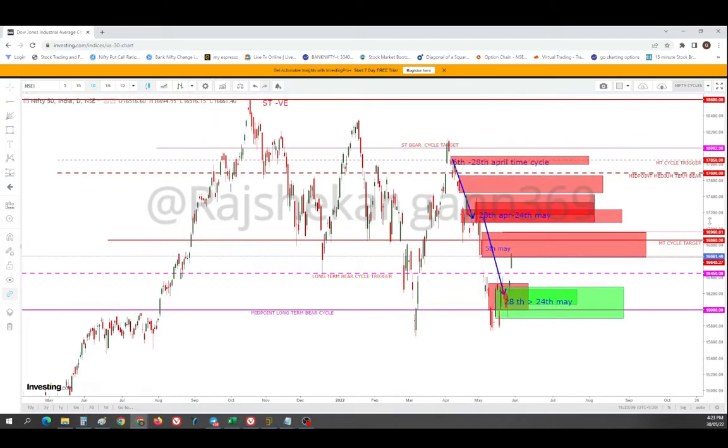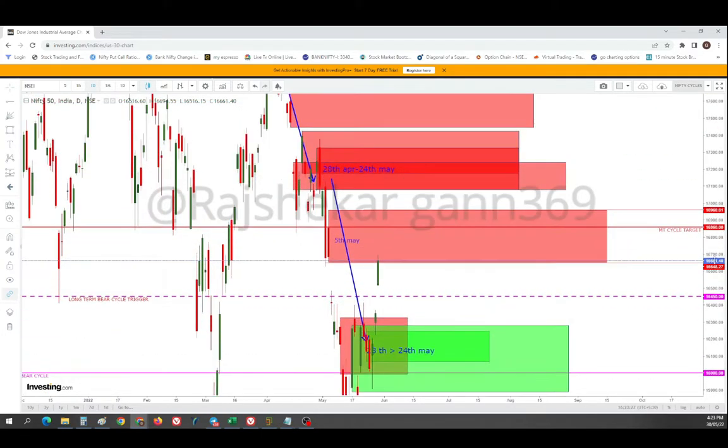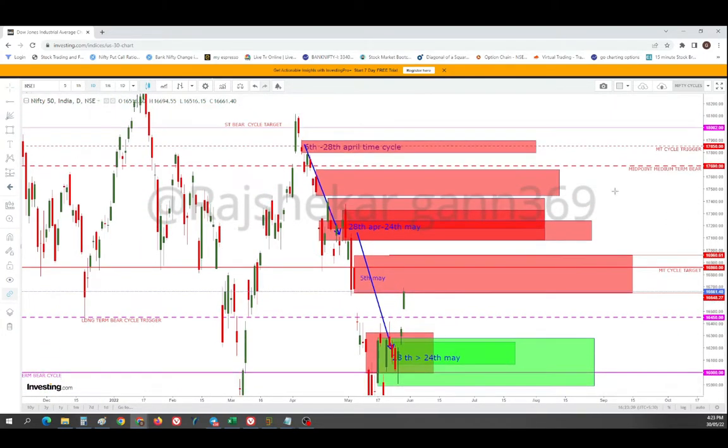Now coming back to price and time cycles, 6th to 28th April was one time cycle. From the 6th high we had a sell-off till 28th, and the next cycle was from 28th to 24th, which is the previous time cycle. From 28th, just like I explained in the Bank Nifty video, the 28th high didn't cross.